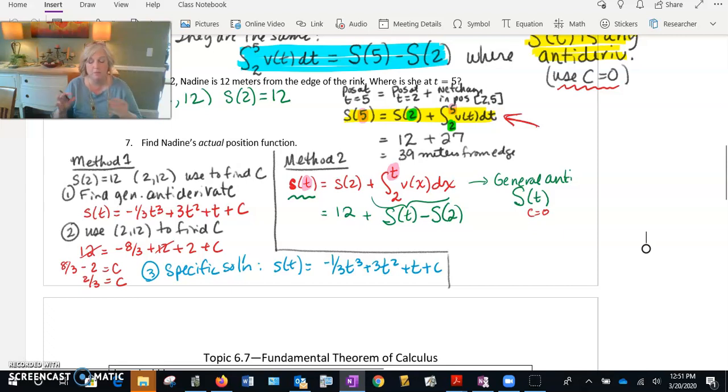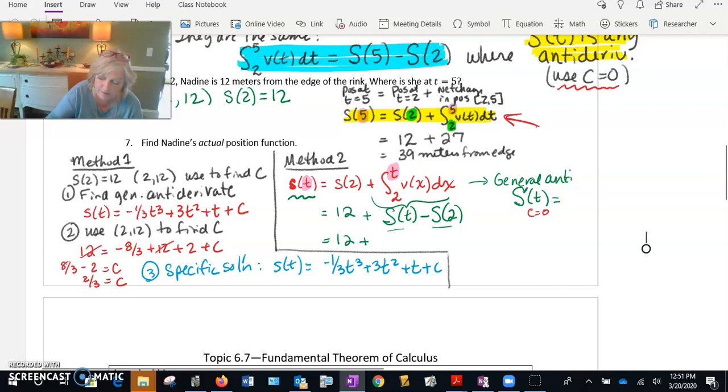We don't have to worry about the plus c because this is a definite interval. It's included inside of these, but it cancels out, so it doesn't matter what you have there. So when I do this, we're going to have our 12. The S of t is just an antiderivative. So this S of t is going to be the antiderivative of v of x.